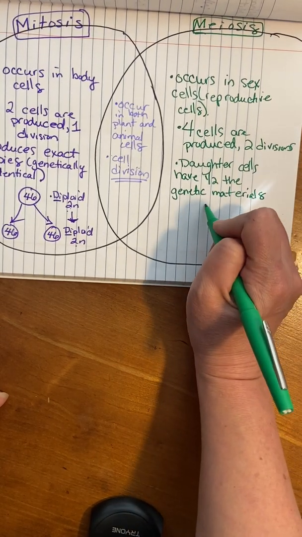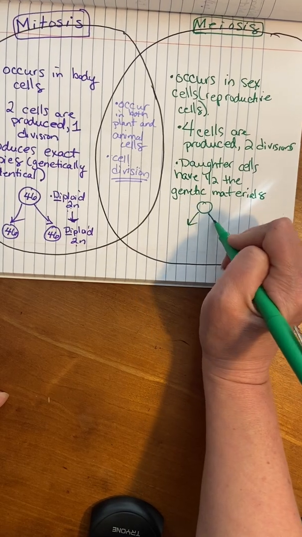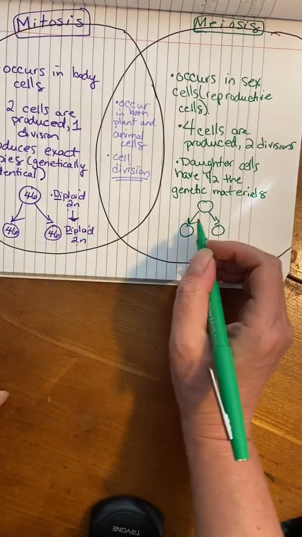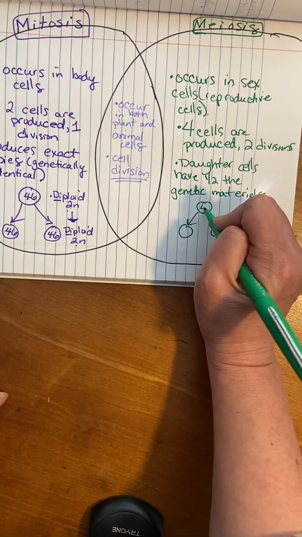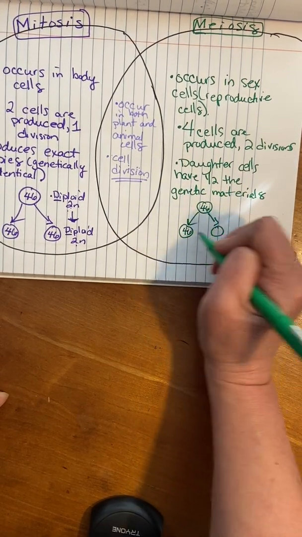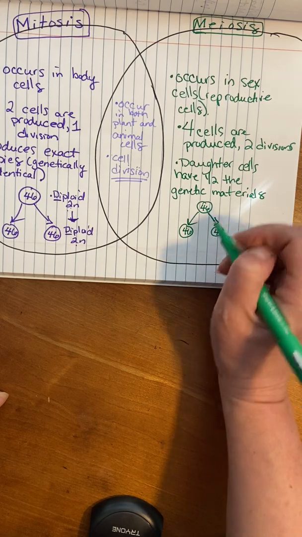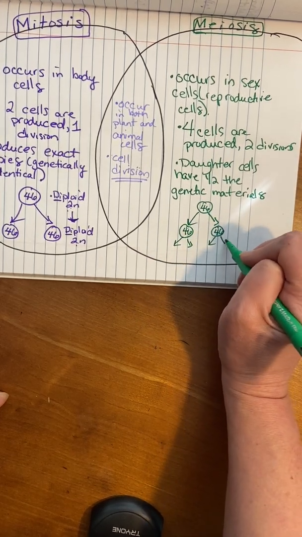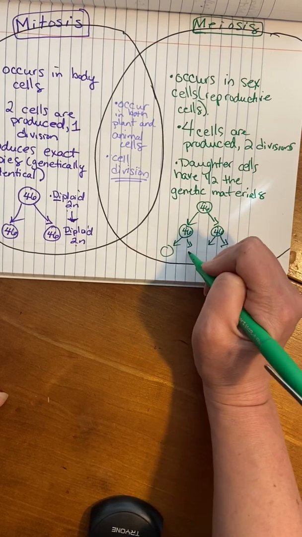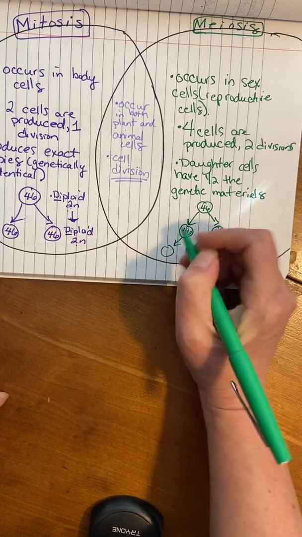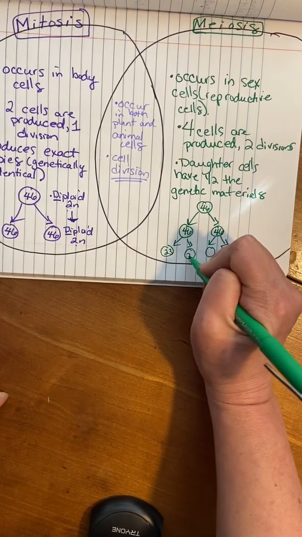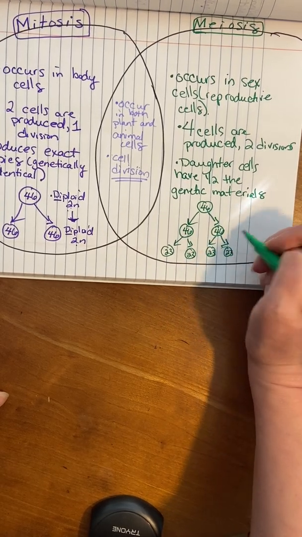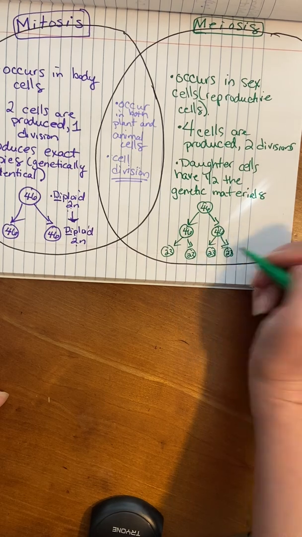So if I drew a picture of this, it would be one cell splits to two cells, just like over here in mitosis. If I started with 46, these two cells would also have 46. Here's the difference though. When they split again in meiosis, those reproductive cells, and I end up with my 4, now I'm down to half, because there was no DNA replication in between these two.